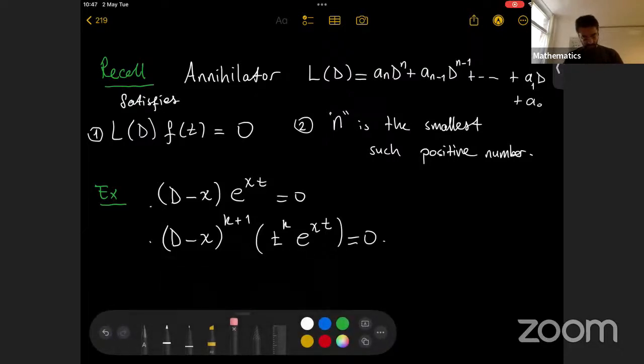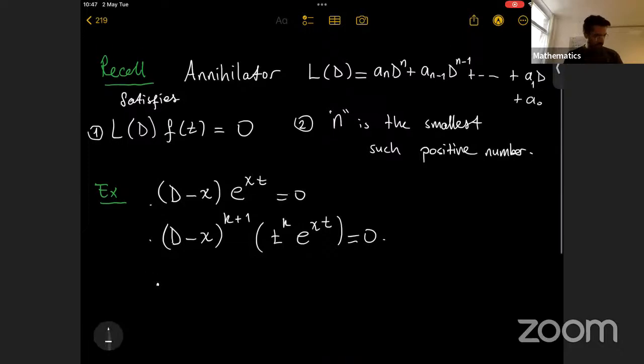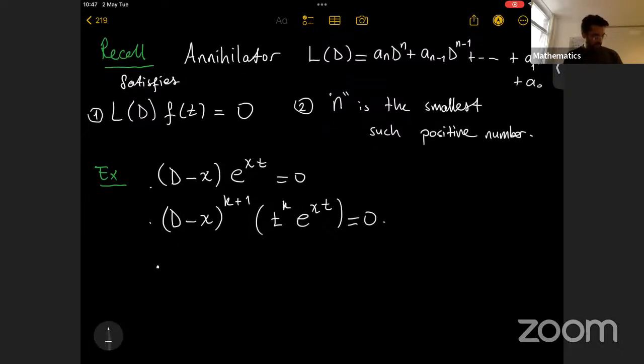Another example was cosine and sine. Well, we had D squared plus a squared. When you apply this operator to cosine at, you get 0.